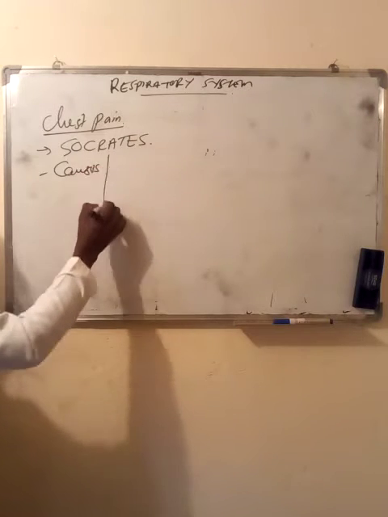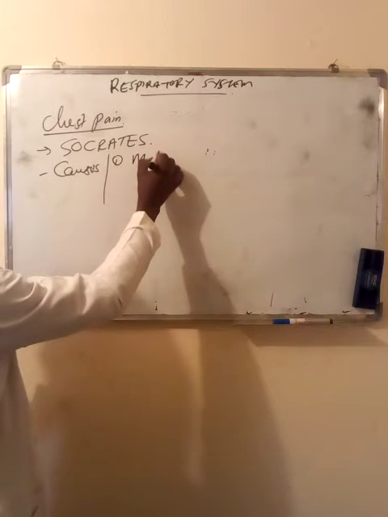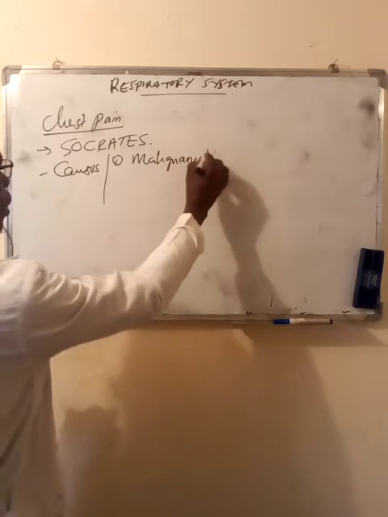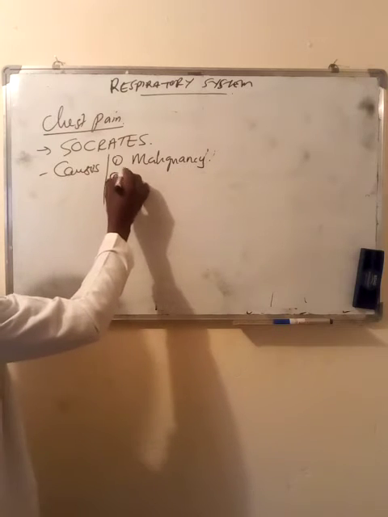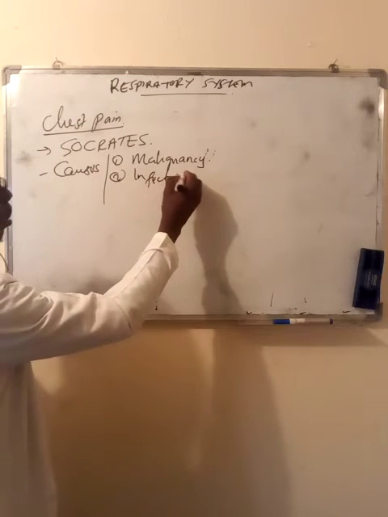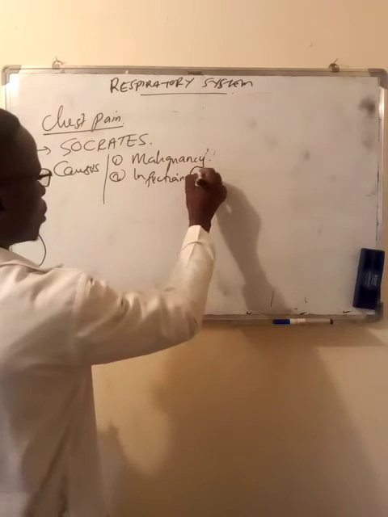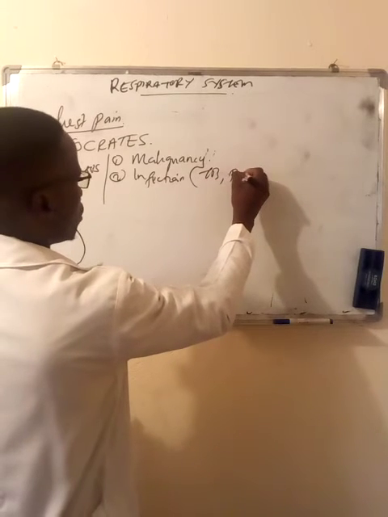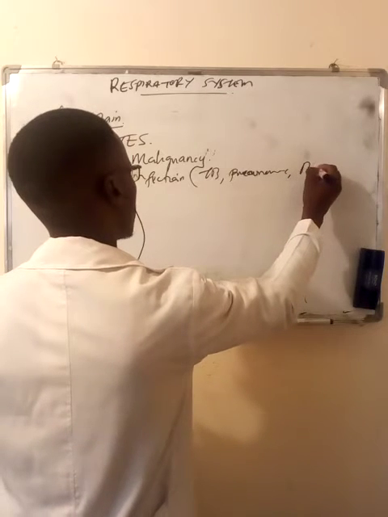Causes of chest pain, we can have one, malignancy. Malignancy is one of the causes of chest pain, such as lung cancer. Then we can also have infection, in cases of things like TB, pneumonia, and bronchiectasis.